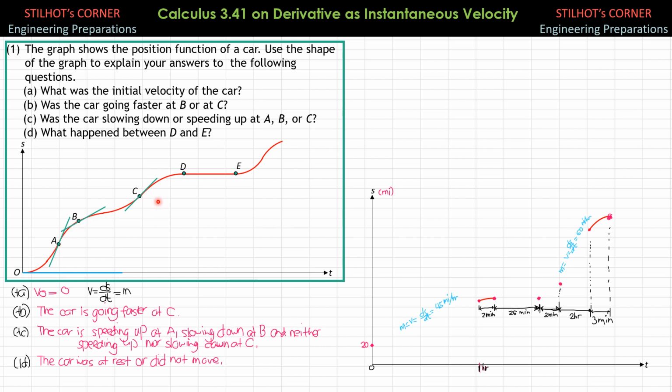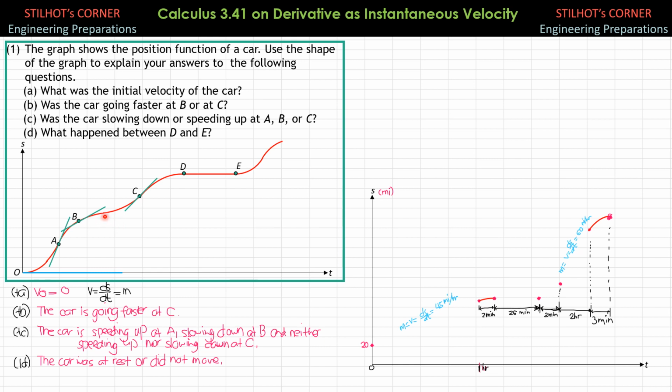And because point C is a point of inflection, this is concave up, then concave down. So that's why at C it is neither speeding up nor slowing down. We cannot tell. Point C is a point of inflection, a point where concavity changes direction.